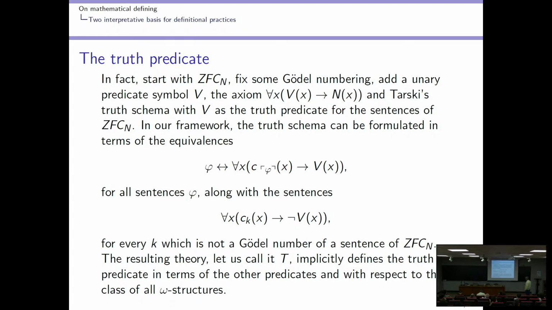So we add to ZFCN this symbol V, this axiom, and Tarski's truth schema for the sentences of ZFCN. In our framework, the truth schema can be formulated in these terms: phi, an arbitrary sentence of ZFCN, if and only if V of the number of phi holds, right?